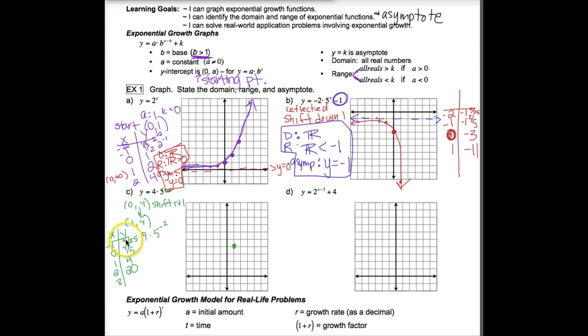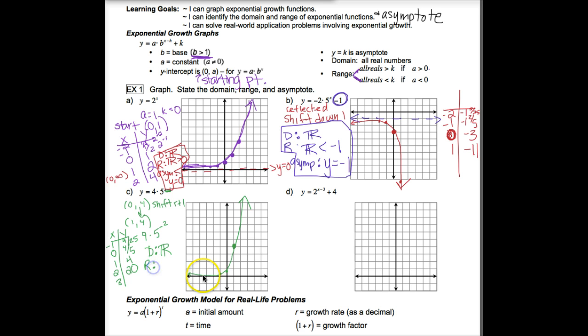So I'm going to plot these 2 points, 0, 4/5, so it's not even to 1, and then -1, 4/25, which is very, very small here. So there's my points. So my domain is, again, always all reals because it's going on forever on both sides of the x-axis.